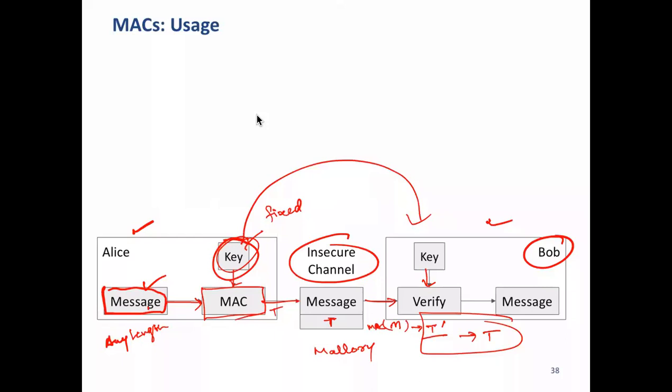That tag that Bob generates depends on the message too, because the input to the MAC function is a key K and the message. So the generated tag value will not match the received tag value, which is unchanged. So the MAC function also has the one-wayness property, of course.